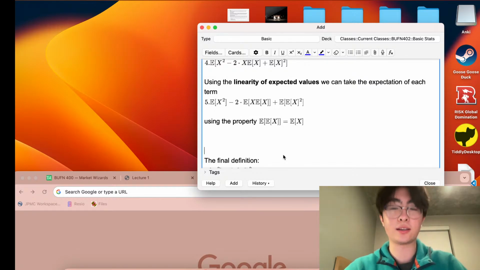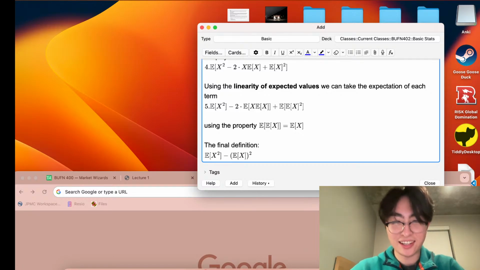Okay, oh man. Why is this so hard? Why is math so hard?